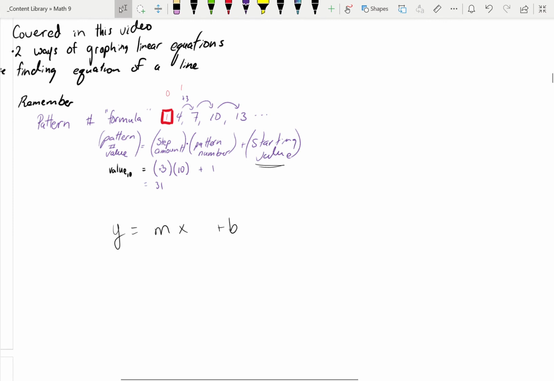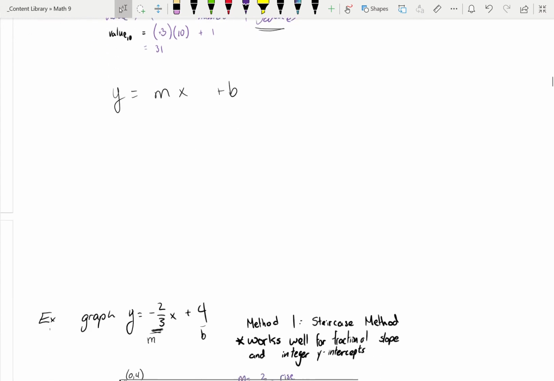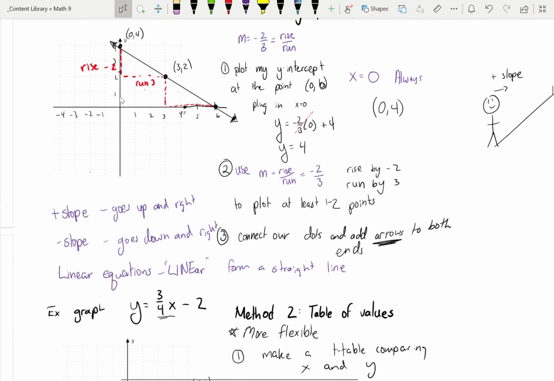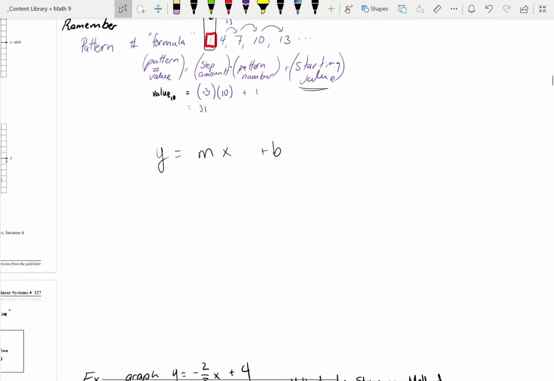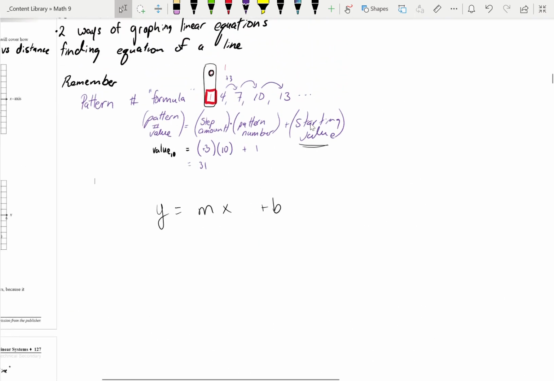My starting value was where I started when my pattern number was equal to 0. Well, if I look at my b value, that was when my x was equal to 0. And now we can see stuff is starting to line up. This is when x is equal to 0, or my pattern number was equal to 0. Well, my pattern number is right here, which matches up with my x. My y is sort of my result, or what my value is for any given x. And then this is how much I change by.